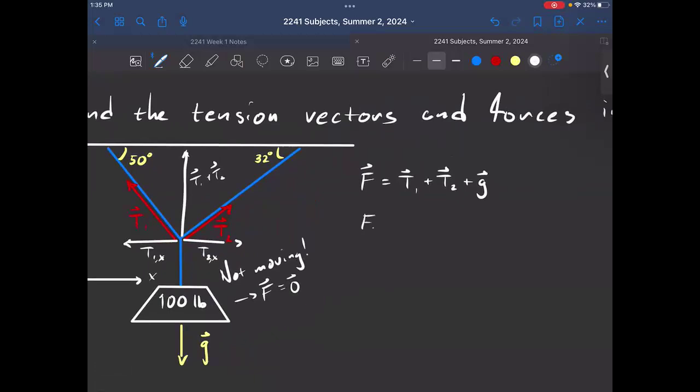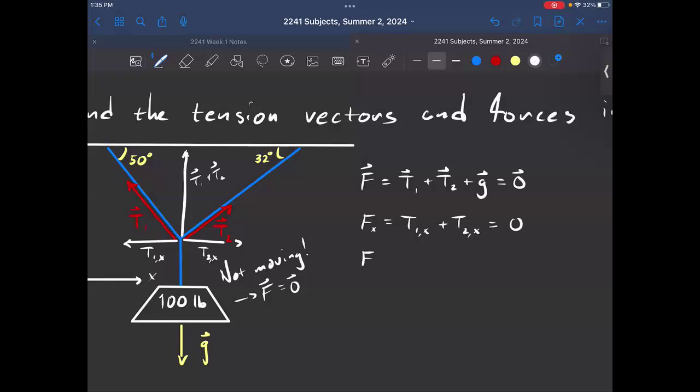The total force in the X direction is the sum of T1x and T2x. But yet again, we're going to remember that this is equal to 0 because the thing is not moving.